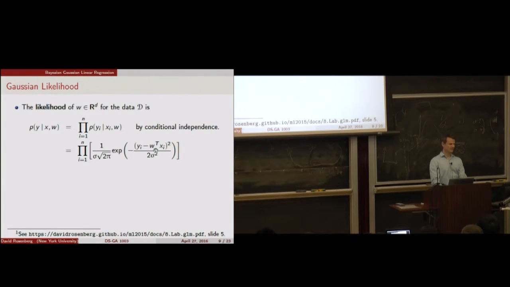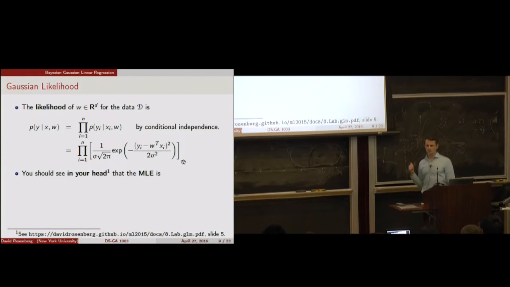Look at this for a moment. OK. Any questions on where this is coming from? All right. So now, I claim that you should be able to see in your head that the maximum likelihood estimate for this is something very familiar.